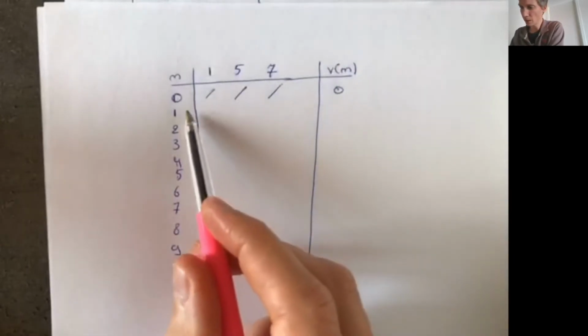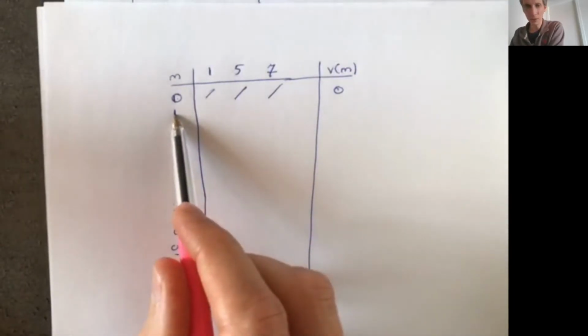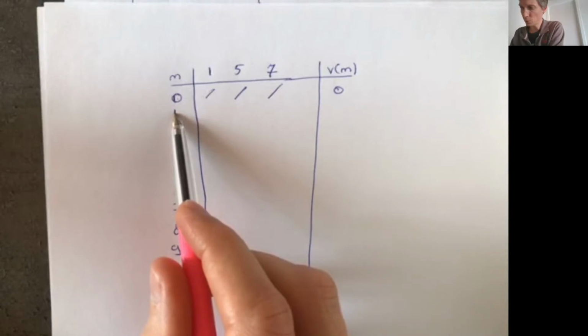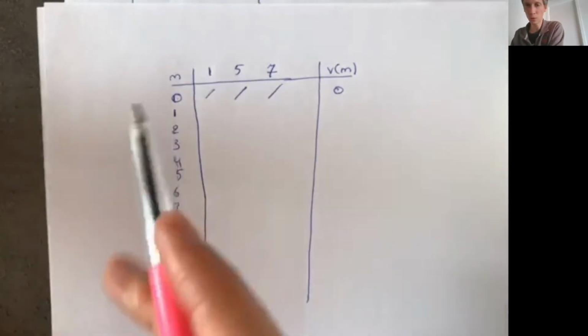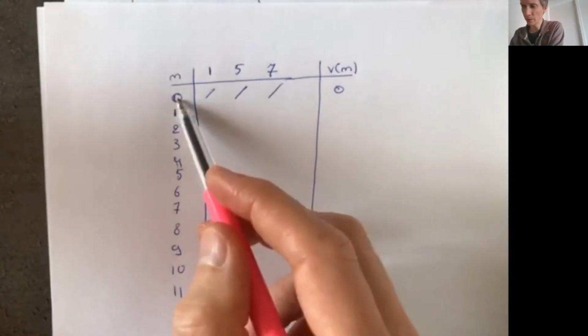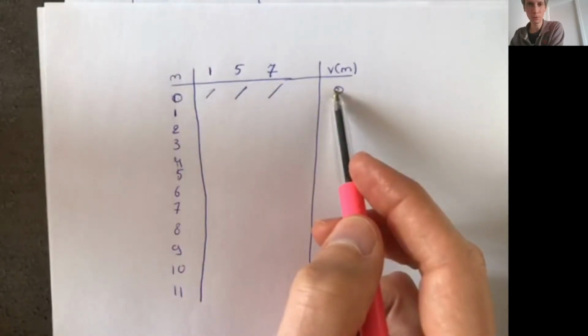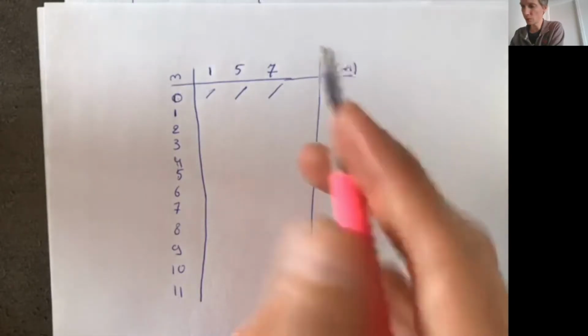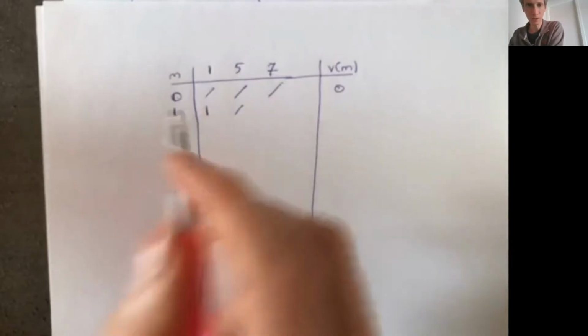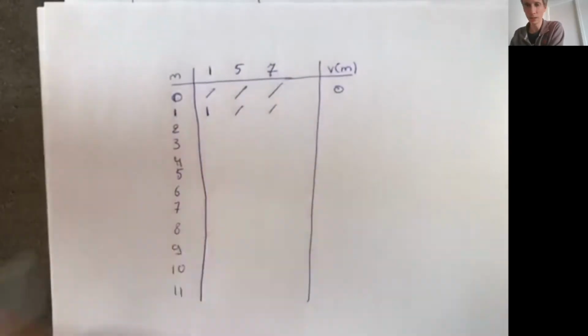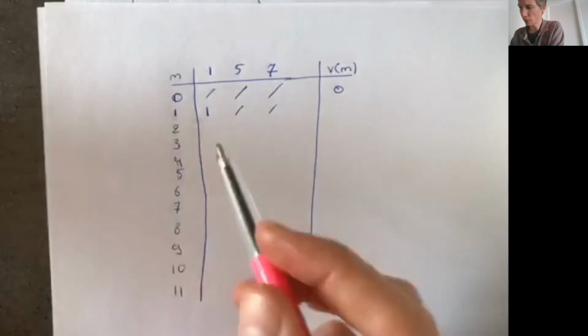If the amount of money that I need to pay back is equal to 1, then I can use my 1 coin. So I will have 1 coin used, and then I have to repay an amount of 0, and the optimal number of coins used was 0, so I'm going to have to use 1 coin. I can't use 5 coins to pay back 1, and I cannot use a 7-cent coin to pay back 1.